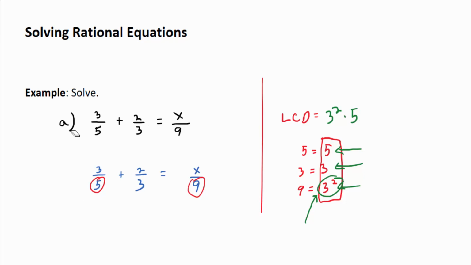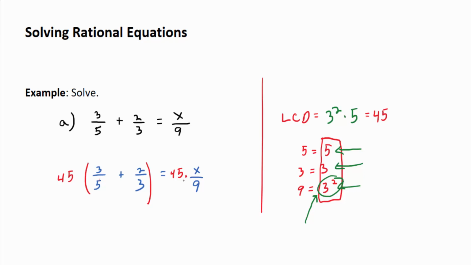So to clear the fractions, we're going to multiply through by that 45. We're going to multiply the left side by 45, and the right side by 45 as well. Now on the left side, why did I put those parentheses in there?